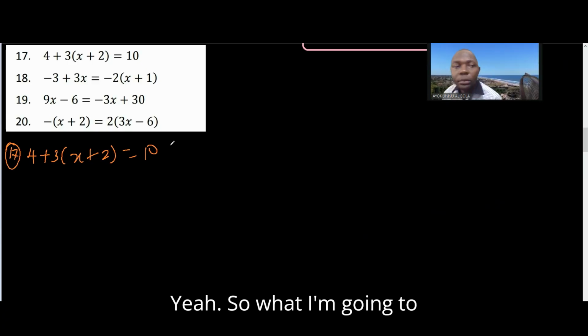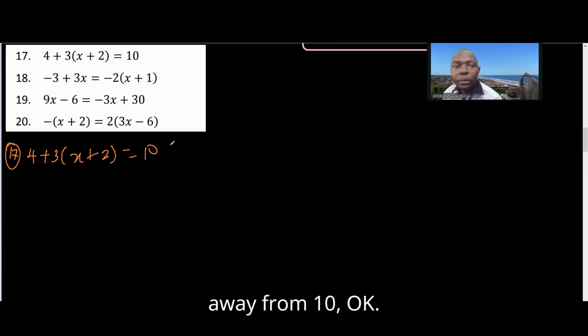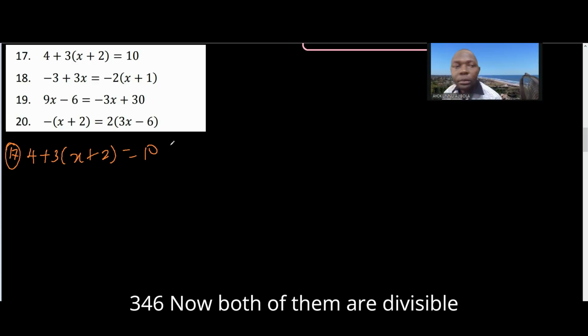Yeah. So what I've got to do is to expand the bracket first, and simultaneously I can take 4 away from 10, okay? Yes. 3 into x plus 2 equal to 10 minus 4. So 3 into x plus 2 equal to 6.